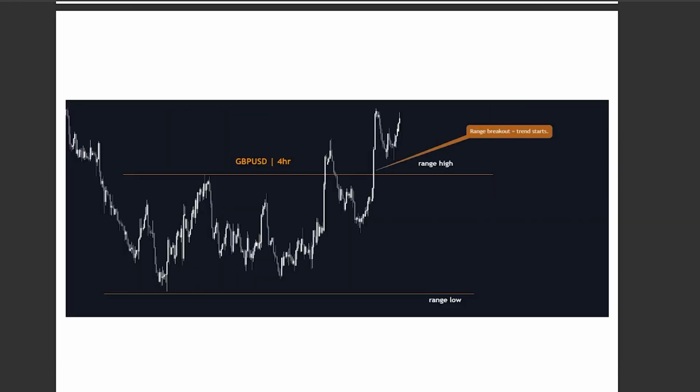Here you can see on the GBP USD 4-hour chart, we broke out of the 4-hour range high. And when we break out of a ranging market, it usually results in a trending market. So after we broke out from here, what did we do? We waited for a lower time frame range to form. Let's look at a lower time frame such as the 30-minute.